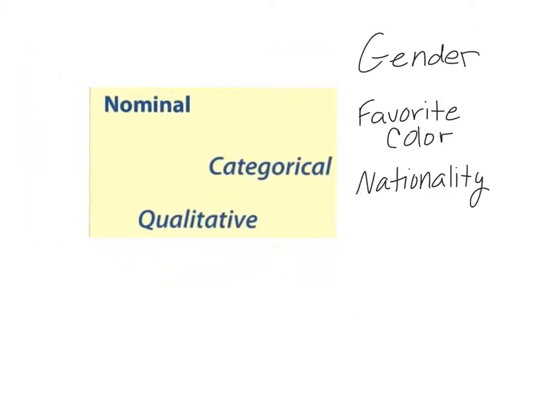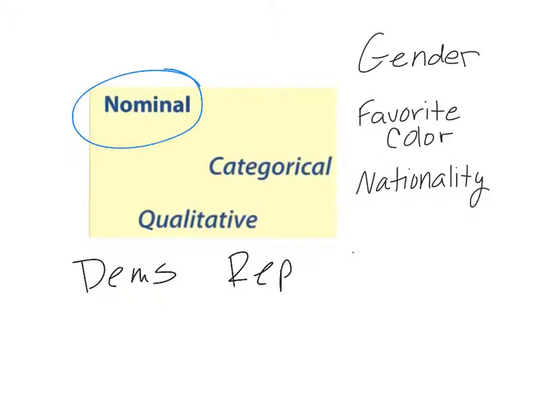So let's talk about why it is important to know that nominal data are categorical. Let's say that we were doing some kind of research based on political affiliation. So I interview people of different political parties. I've got Democrats, Republicans, independents, and let's say Green Party.